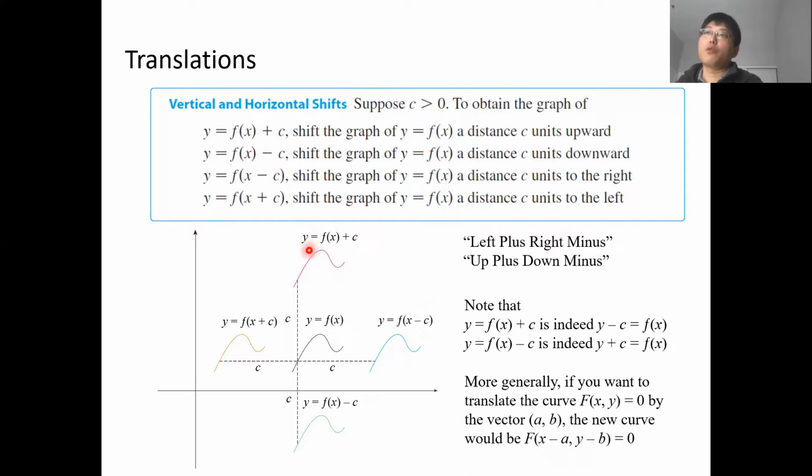But then if you replace y by y minus c, you move the minus c to the right. So these two ways are indeed consistent with each other. Please try to play around with this by yourself a few times to get more comfortable with this. And we will also provide some additional examples in this video.